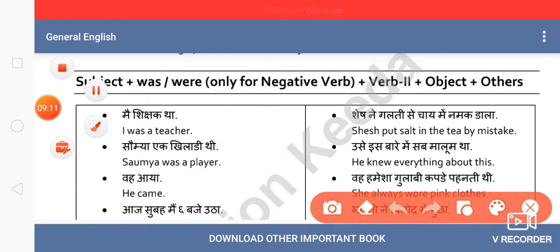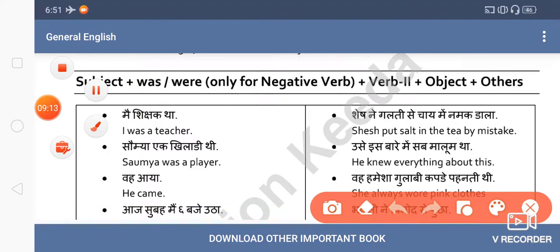You can see all the time there is a subject. You should have no confusion on it now. Subject, then all the time after subject there is verb or helping verb. If there is a situation of helping verb, we'll use helping verb first, and then verb, and then object, then any other complement part.